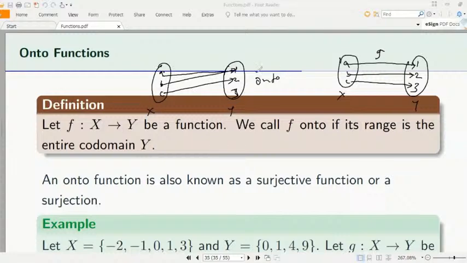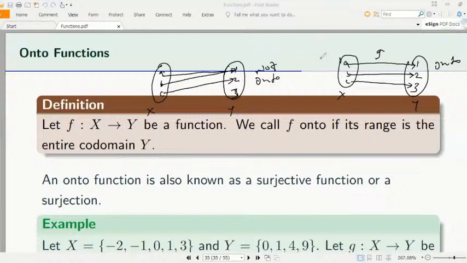This one is onto. So by definition, look at the range. The range is just 1, 2. It's not the entire codomain. Therefore, this is not onto.